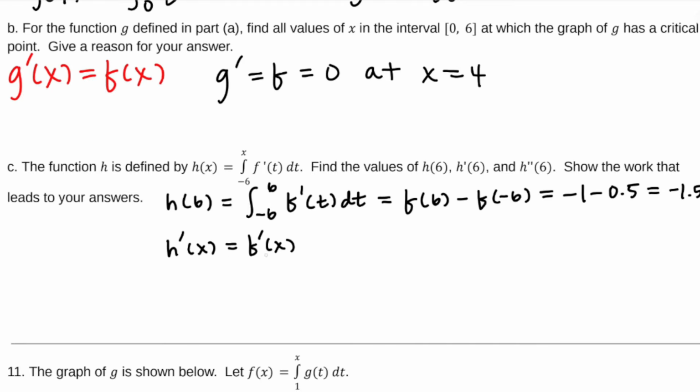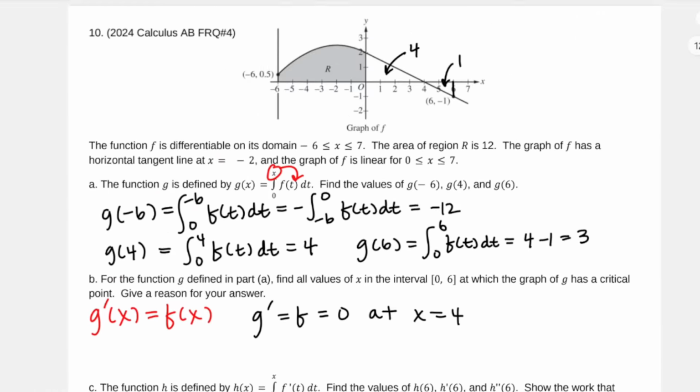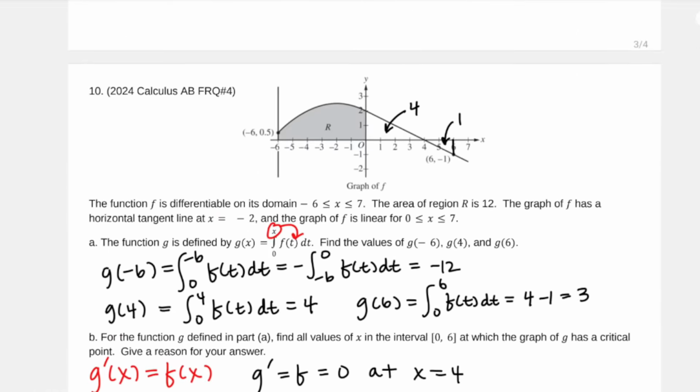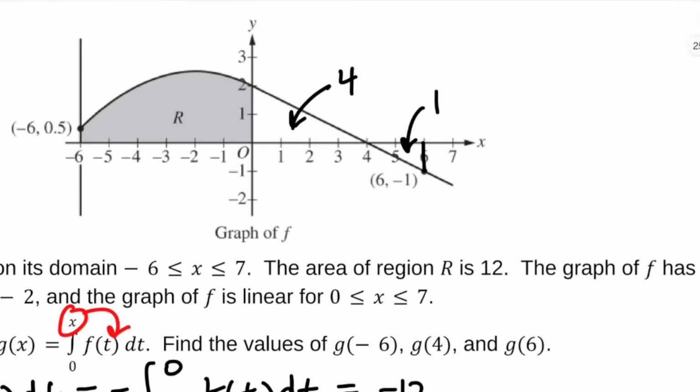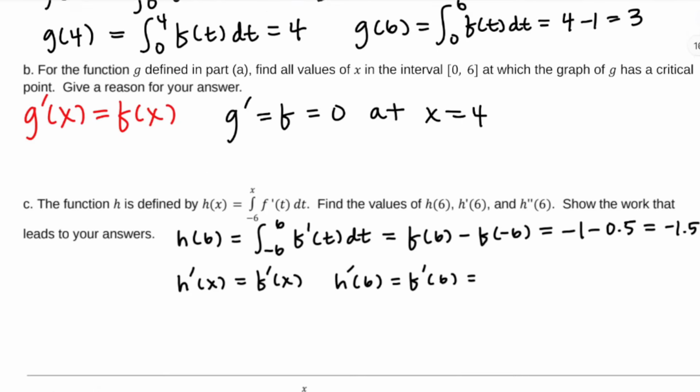H prime equals f prime, and h prime of 6 is equal to f prime of 6. The slope of the graph of f at x equals 6, okay, we can see that, looks like it's -0.5. And that fits with the rest of the line segment where it went down by 2 when x went over by 4. Okay, so the slope is -0.5.